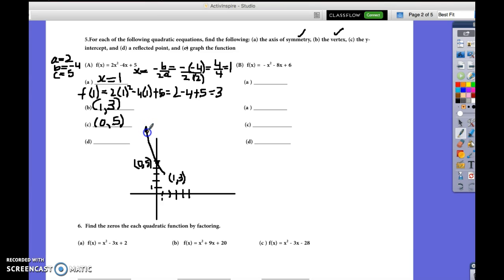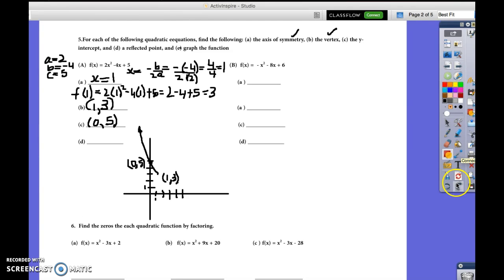You say, well, I don't quite get this. Now look carefully. The axis of symmetry is the line that goes right through the middle of it. It's the line x equals 1. That's why it's so important, because it goes through the heart of it. So x equals 1 is right here, this line. So I'm going to give it a dashed line. Let's see if I can find it to make it a little bit nicer.